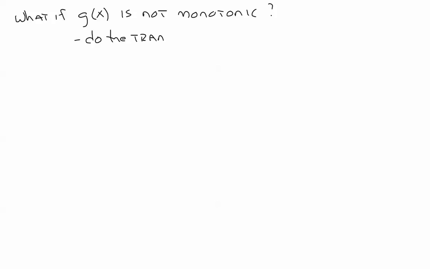Next question is, what if g is not monotonic, meaning that it has positive going and negative going regions? All right? I'm not going to get into a long discussion of this. I'm simply going to write down the result, and hopefully it'll make sense. Basically, you do the transformations over each monotonic region.